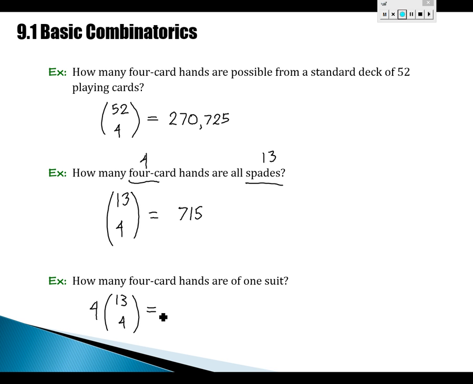She says there are 4 suits. So for any one of them, a 4 card club hand, there's 715 of those. So add that up: 715 for the spades, plus 715 for the hearts, plus 715 for the diamonds, plus 715 for the clubs. That's a total of 4 times 715, which is 2,860.